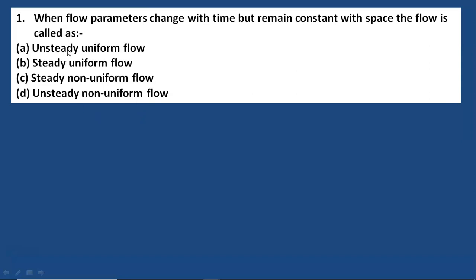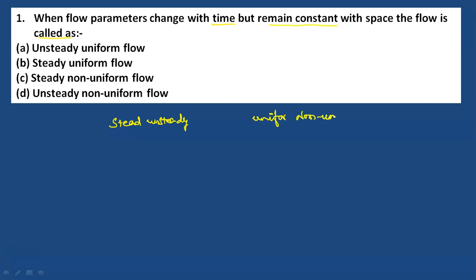First question: when flow parameters change with time but remain constant with space, the flow is called. So actually there are steady and unsteady flow as well as uniform and non-uniform flow.